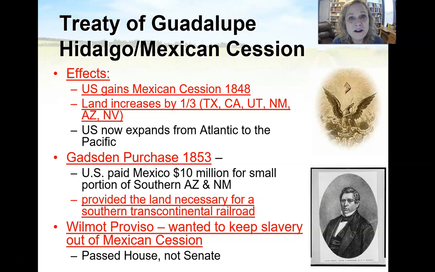It passes the House, but not the Senate, and this is really going to show us the growing contention between the North and the South over the issue of slavery.